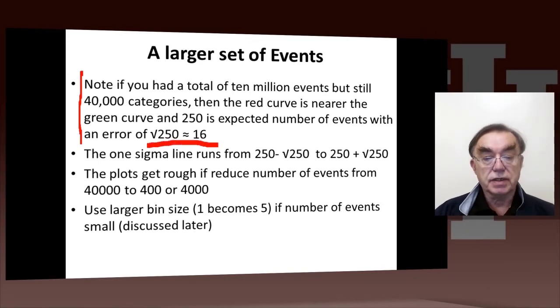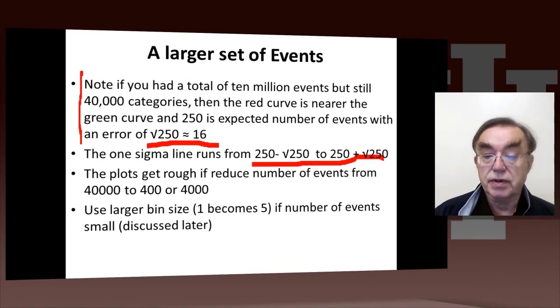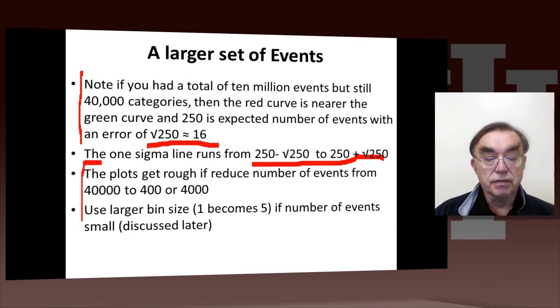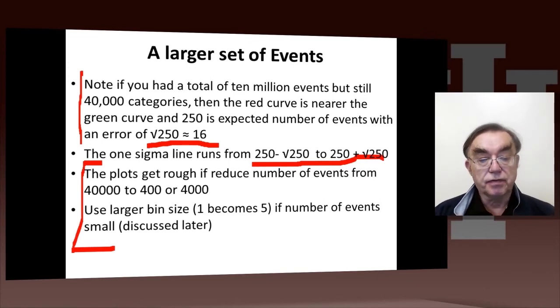Square root of 250 is around 16, less than 16. We run the 1 sigma line from 250 minus the square root of 250 to 250 plus the square root of 250. We'll see later that the plots get rougher when we reduce the number of events, but we want to do a few other things before we discuss that.